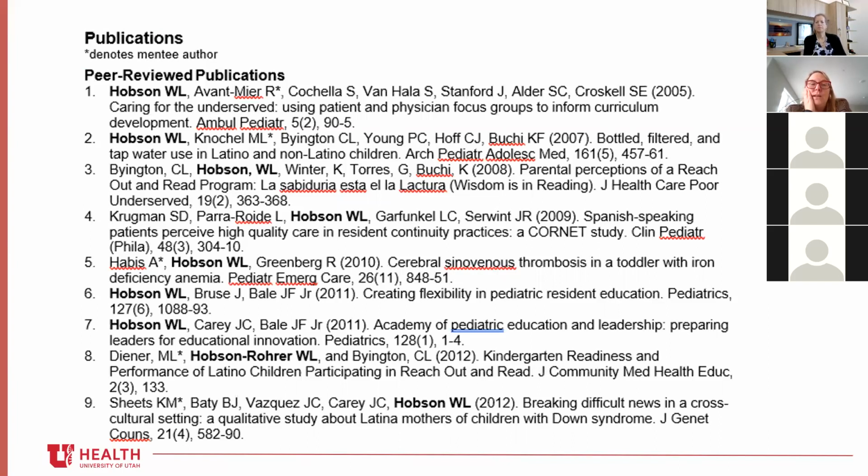And so you get credit for having a mentee as an author on your paper. Now, this is probably more important as I progressed in my career, where the mentee may be the first author and I'm the second or last. And that demonstrates, like on the bottom one, number 9, Kayla was one of my mentees in genetic counseling, and I was the senior author.